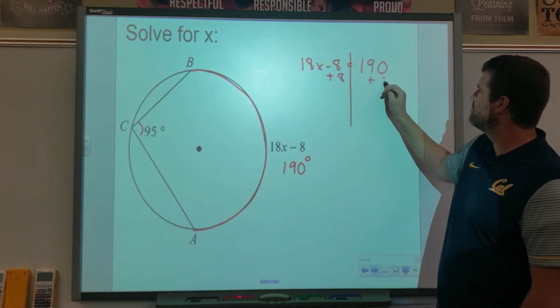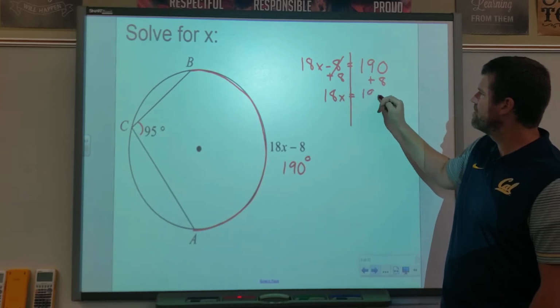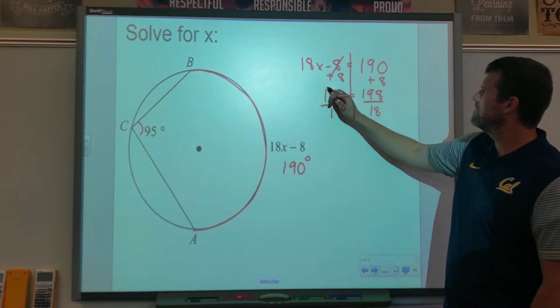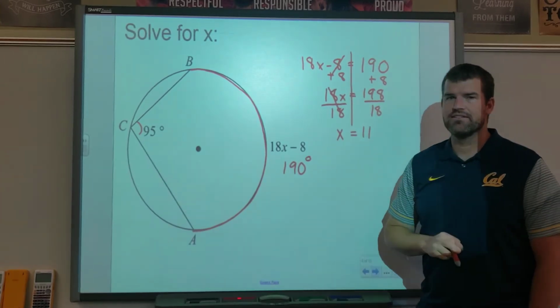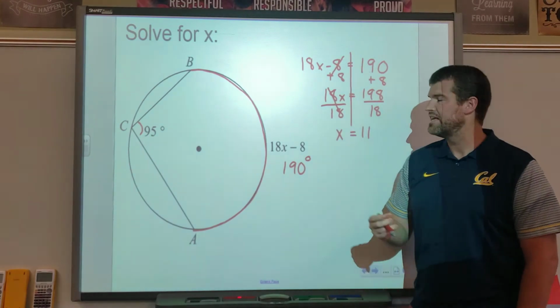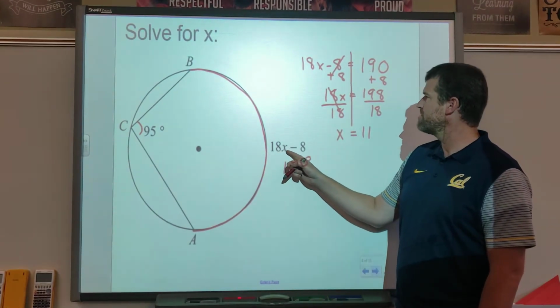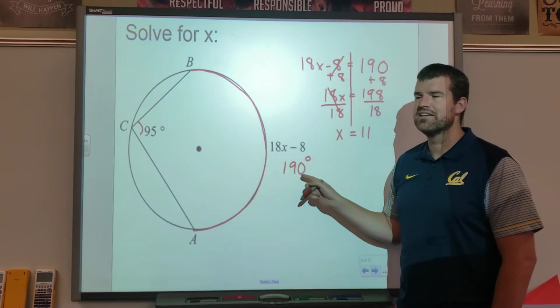Add 8 to both sides. Divide by 18. And I get x equals 11. That does not mean 11 degrees. It just means that if I plug in 11 right here, 18 times 11 minus 8 will give me 190 degrees.